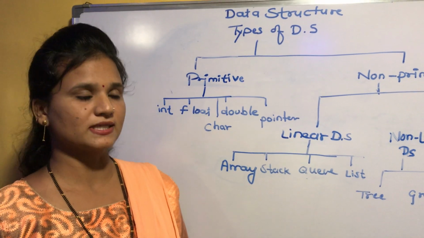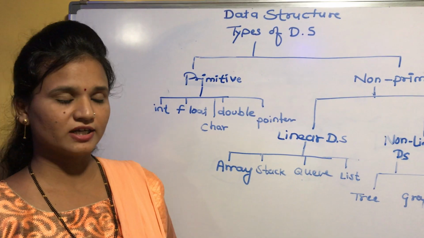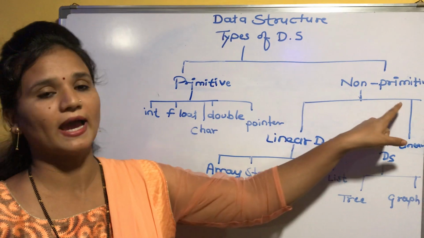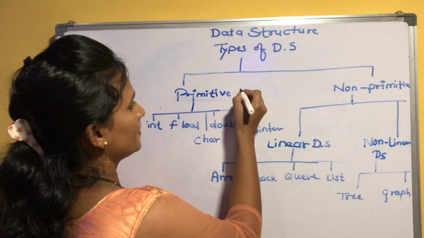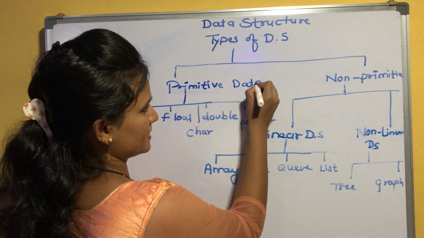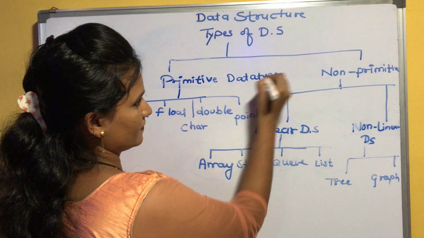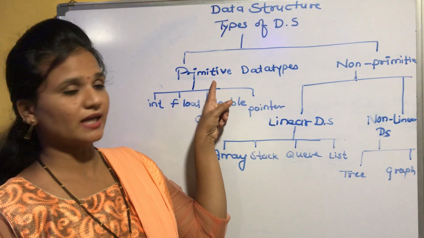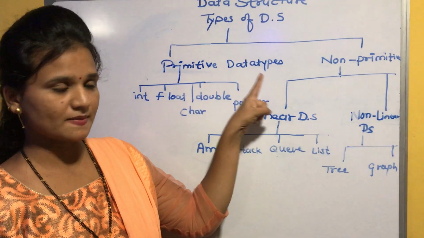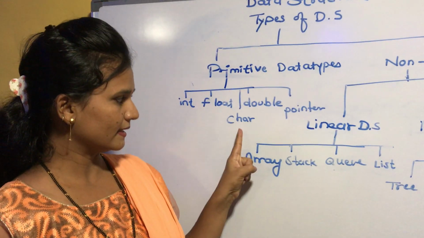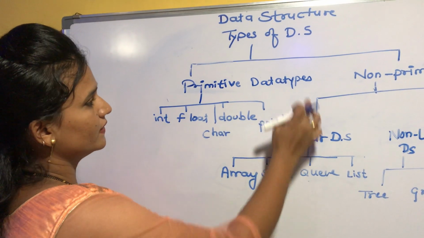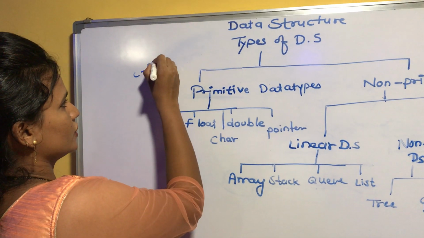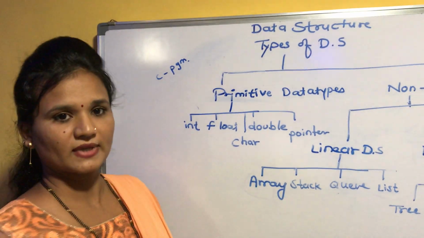Okay, on that basis data structure is divided into two types, that is primitive and non-primitive. Primitive data structure means primitive data types, that is integer, float, character, double and pointer, that we have covered in the C programming language, isn't it?